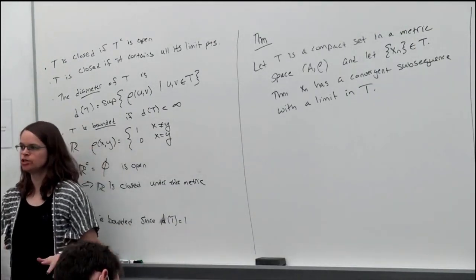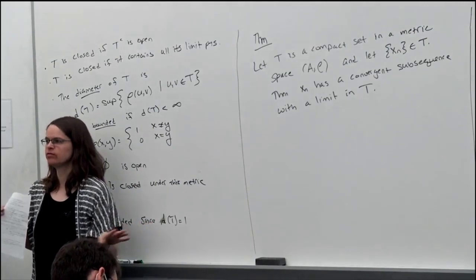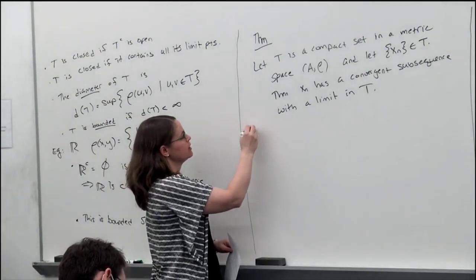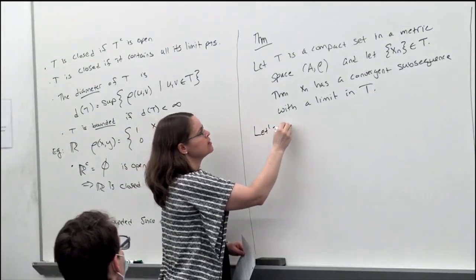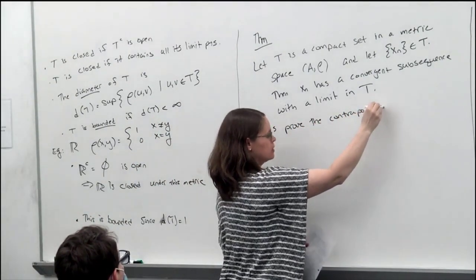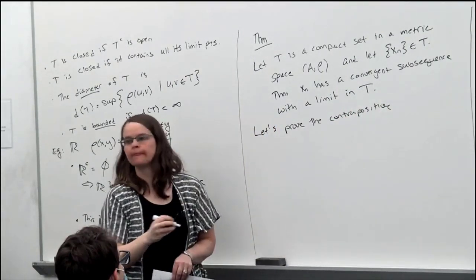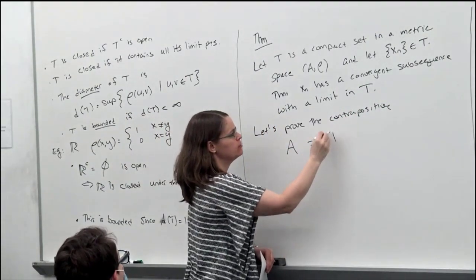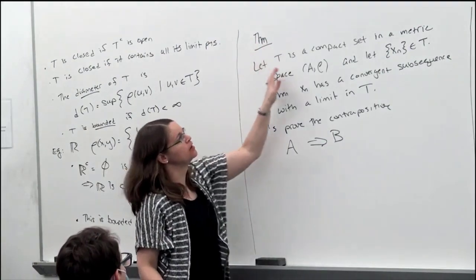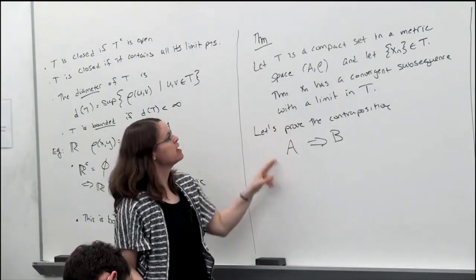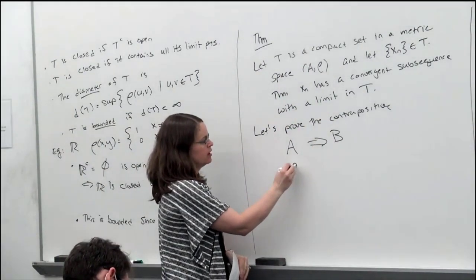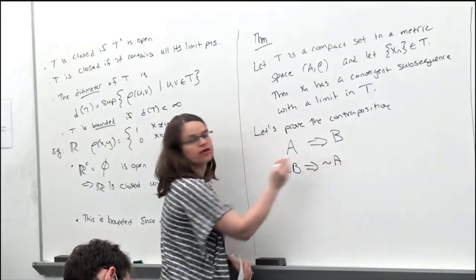I'm going to take the approach of proving the contrapositive of this, not that different from doing a proof by contradiction. So I have a statement of the form: if A is true, then B is true. If T is compact and we have some sequence, that's my A, then there's a convergent subsequence, that's my B. And this is equivalent to saying if B is false, then A is false.